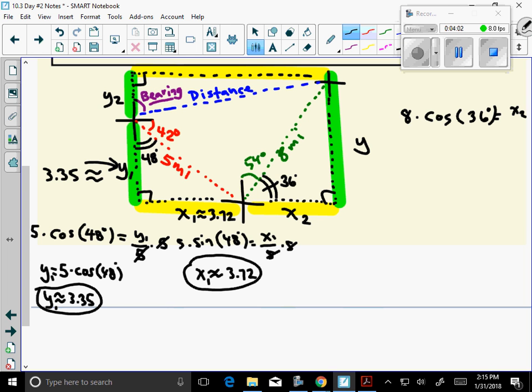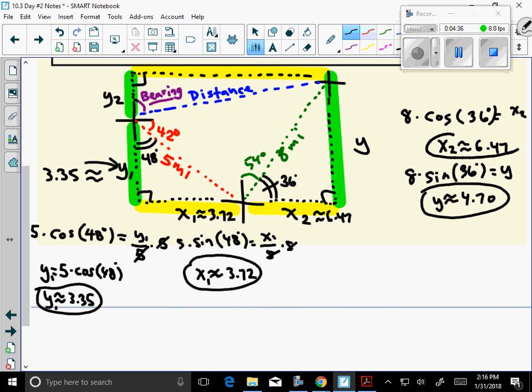So 8 times cosine 36 equals 6.47. So x2 is approximately 6.47. And 8 times the sine of 36 would equal y, which is 4.70. So y is approximately 4.70.